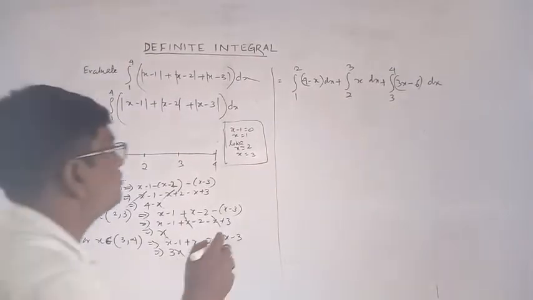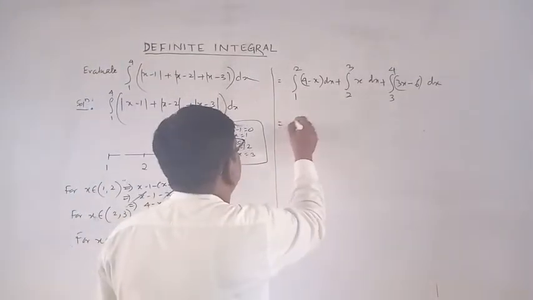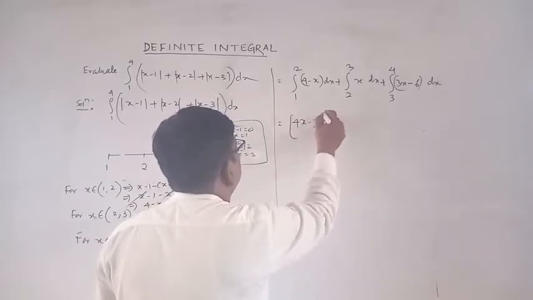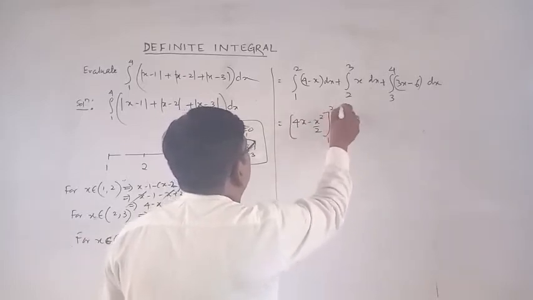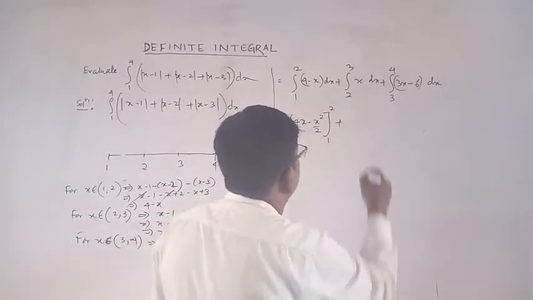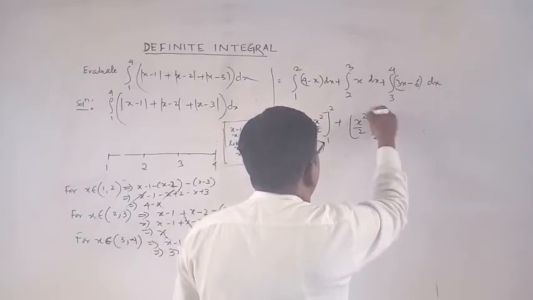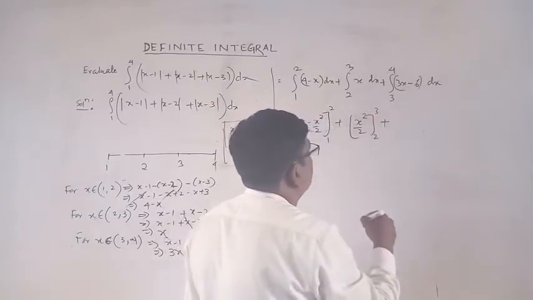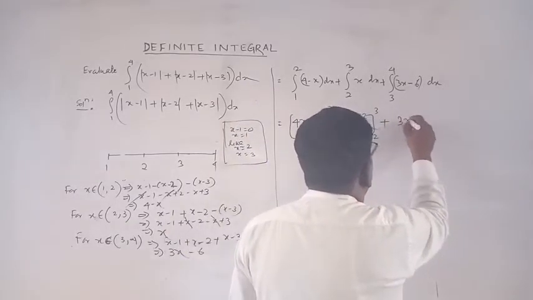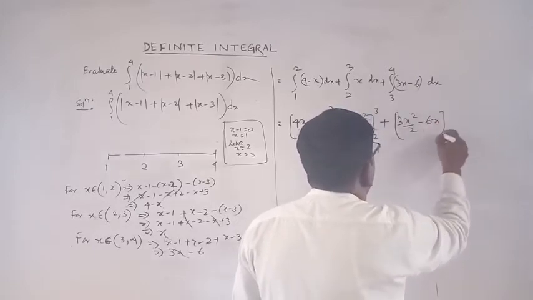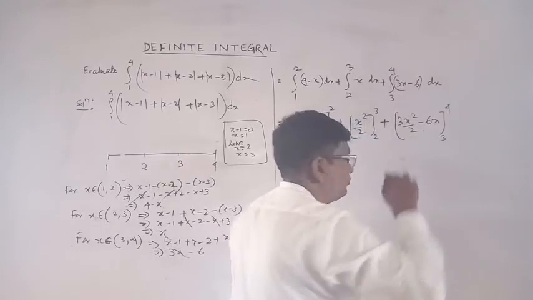The integration gives 4x − x²/2 with limits 1 to 2, plus x²/2 with limits 2 to 3, plus 3x²/2 − 6x with limits 3 to 4.